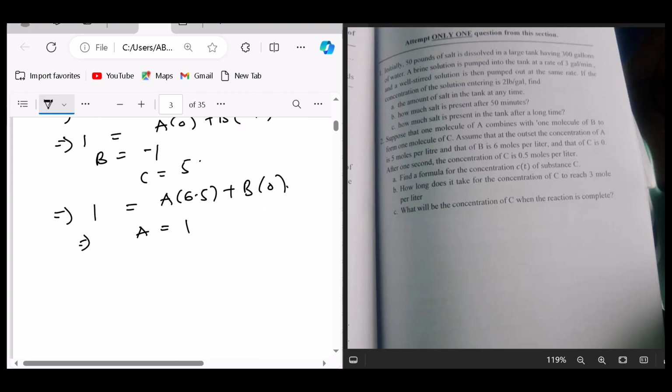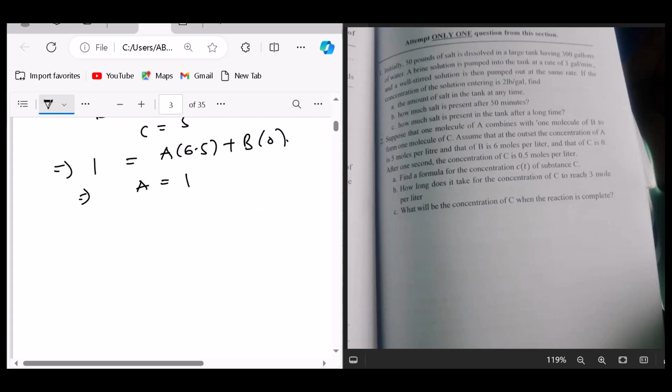Then we can write our integral of 1 over (5 minus C)(6 minus C) dC equals k dt.